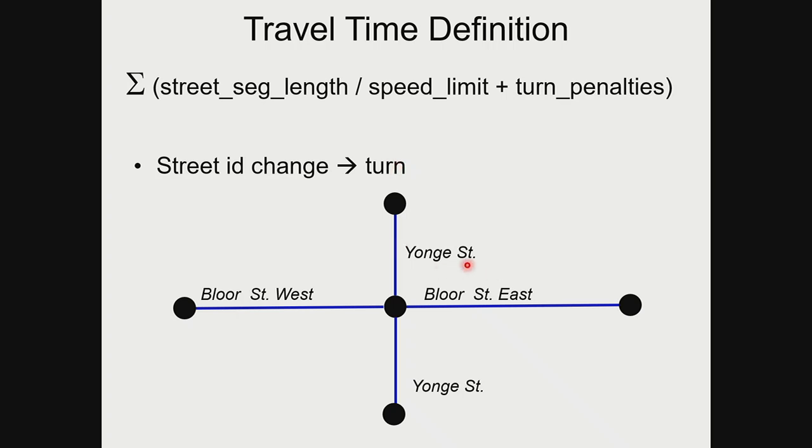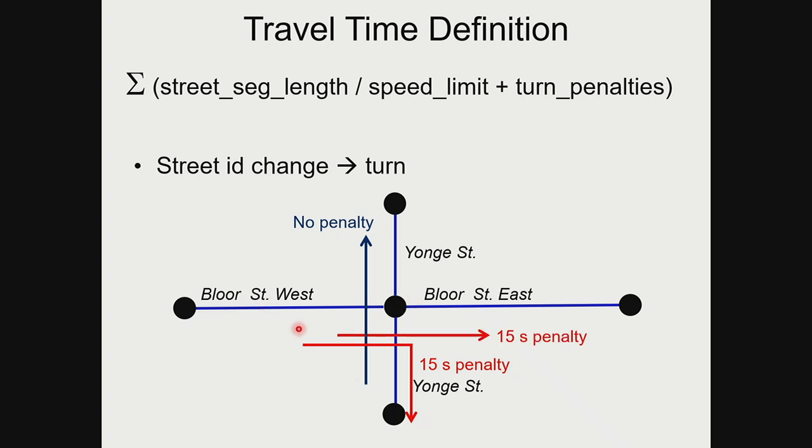So let's say that this is the intersection we're looking at. There is Young Street, there are 2 street segments, and Bloor Street, but there are 2 different streets here, Bloor Street East and Bloor Street West, okay? So if you're going north, there is no penalty, obviously. If you're turning from Bloor to Young, there is a turn penalty. And if you're going straight from Bloor Street West to Bloor Street East, because the street ID changed, we're going to consider that as a turn penalty.